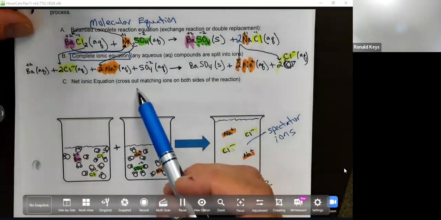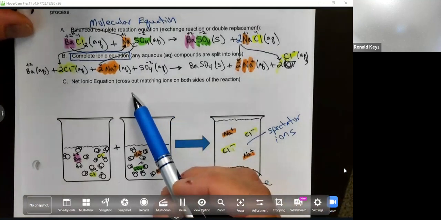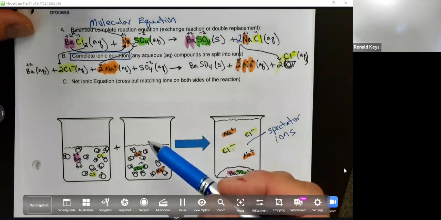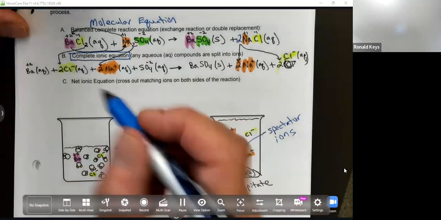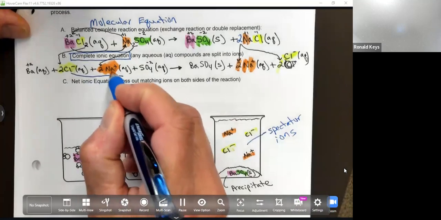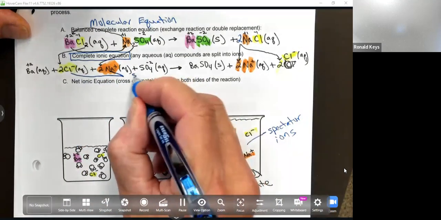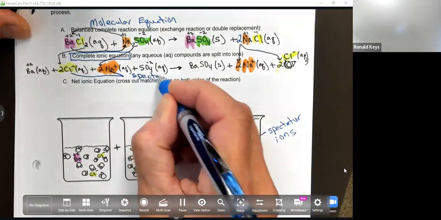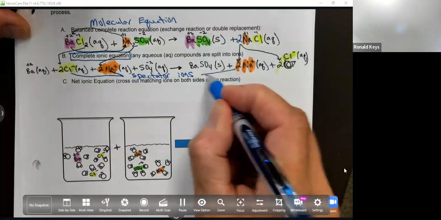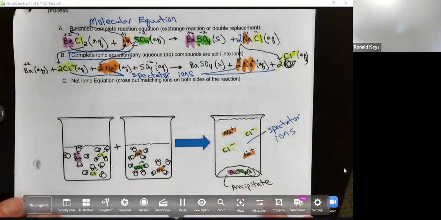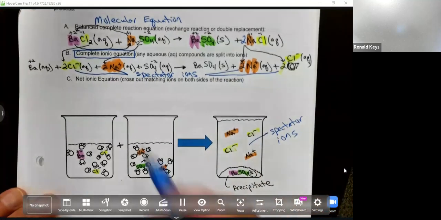If we cross out our spectator ions, so again, these are spectator ions. They're exactly the same, right? Just like algebra, you've got 2x on both sides of the equal sign, we're going to get rid of them.